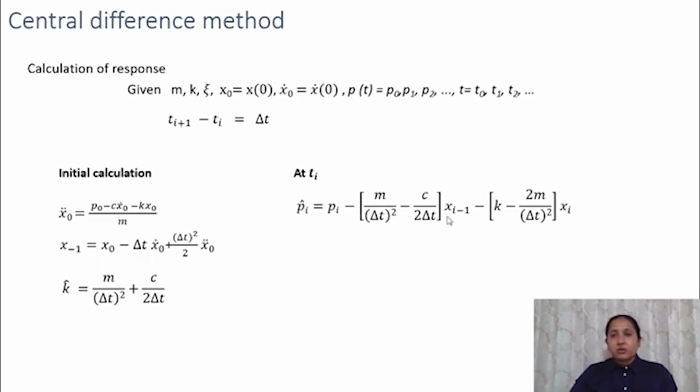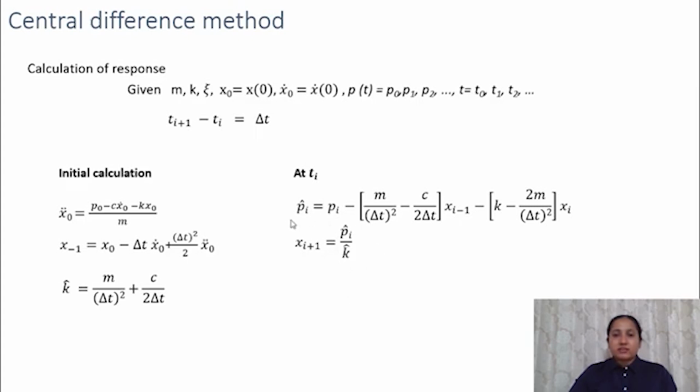In this, all the quantities are known now. The force at all the instants is known, the displacement at the previous instant is also known, and we also know the displacement at the present instant. So we can calculate this effective force at the ith instant, and now that we know the effective stiffness and the effective force, we can calculate the displacement at the next instant, that is x_{i+1}, using this formula.